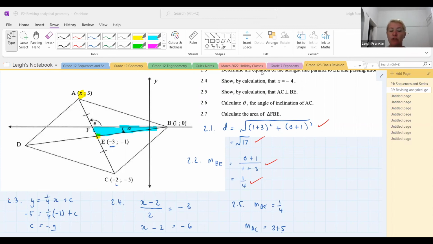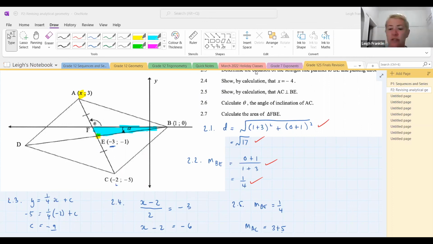So you'd need to work out the coordinates of F, and then the length of FB. Then you'd need the size of angle alpha, because the area rule is side angle side.